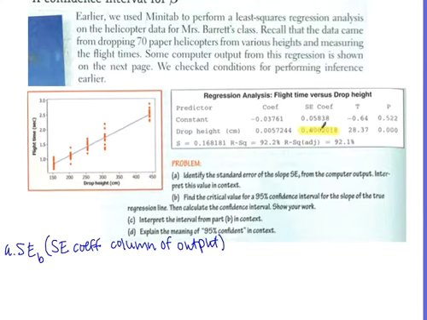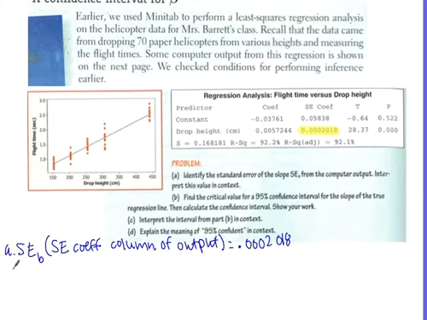And the reason that I'm going with that number is because in my regression line, my drop height would be the slope. And so I want to make sure that I'm using the standard error of the slope, because it was SE sub b. So for that, you would just say that it's equal to 0.000218.